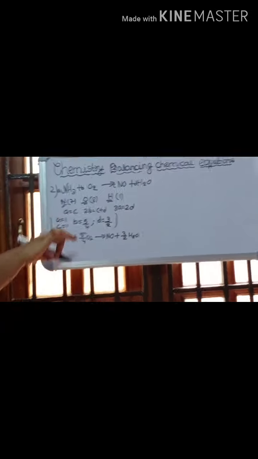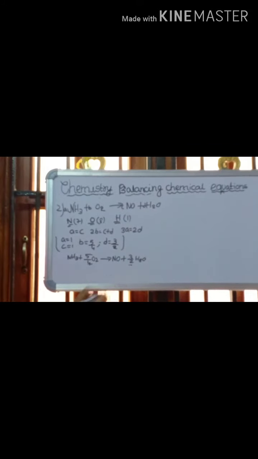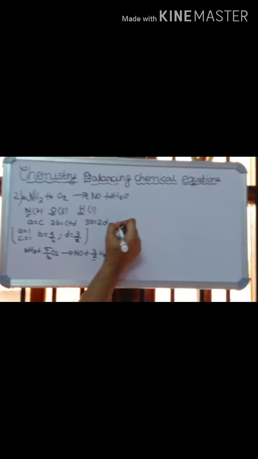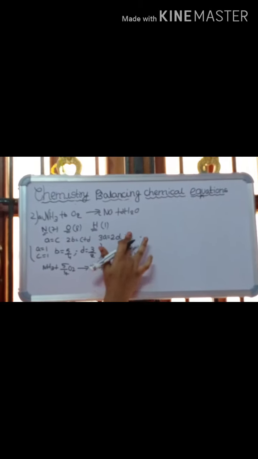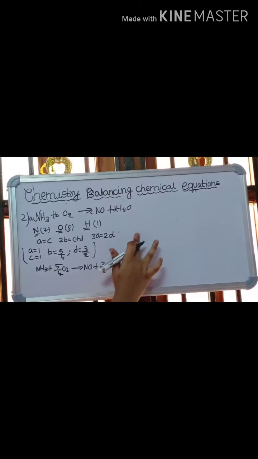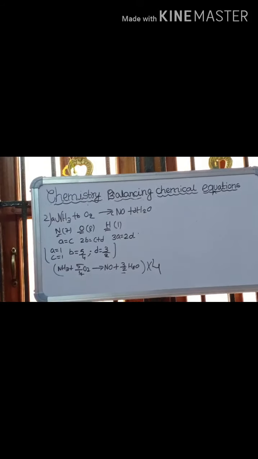How do we convert it? Because there are 2 numbers in the denominator, we need to take the LCM of these 2. What is the LCM of these 2 numbers? 4. Okay, we need to multiply the whole reaction by 4.